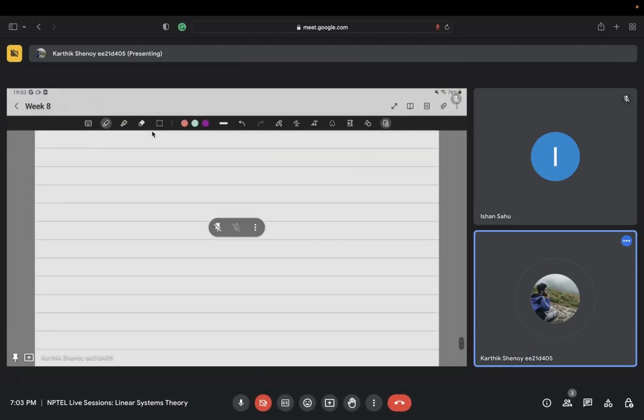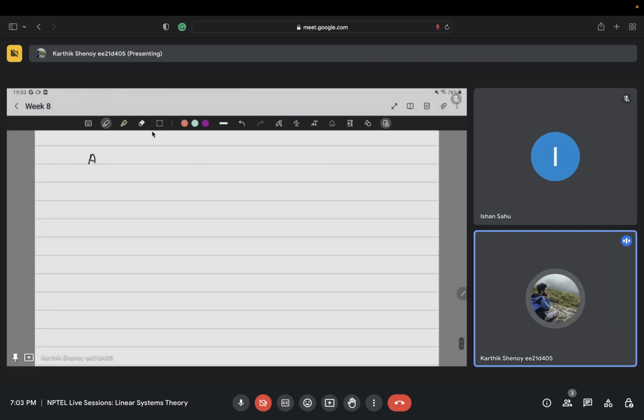Okay, so now we wrote this: observable 0, A21, A unobservable. So this is nothing but, I'll write the same variable, X observable and X unobservable, with X dot, the derivative, is X unobservable, and Y equal to CO times XO, correct?